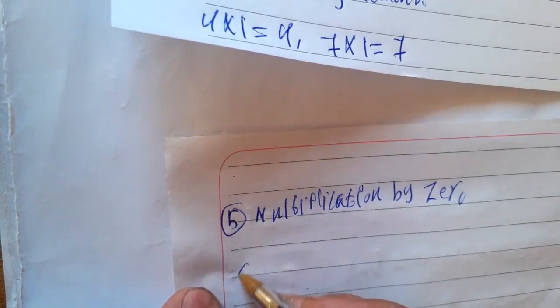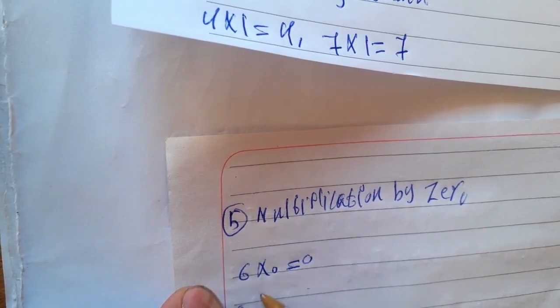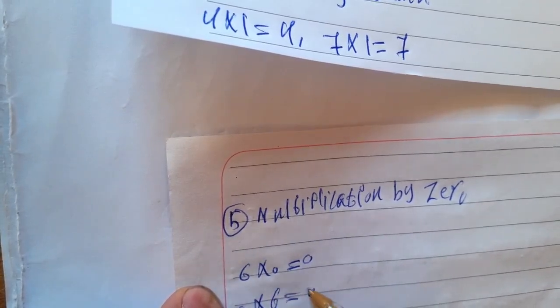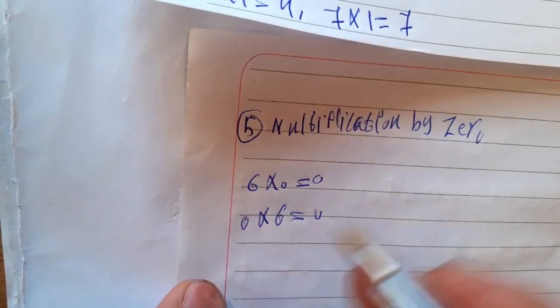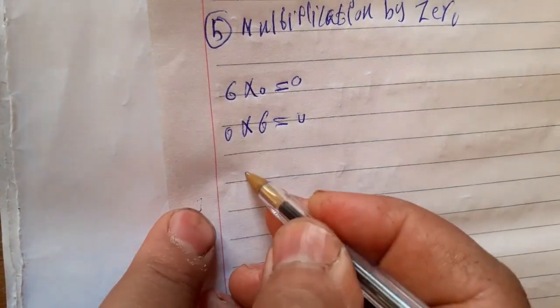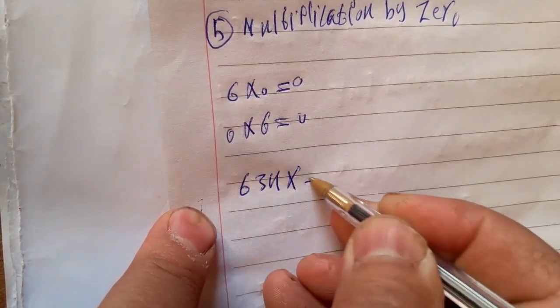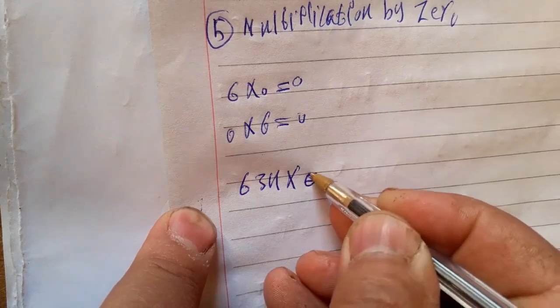For example, 6 times 0 is 0. 0 times 6 is 0. 634 times 0 equals 0.